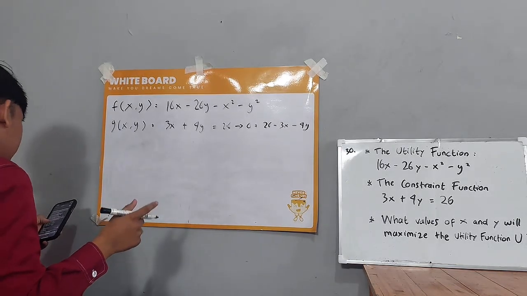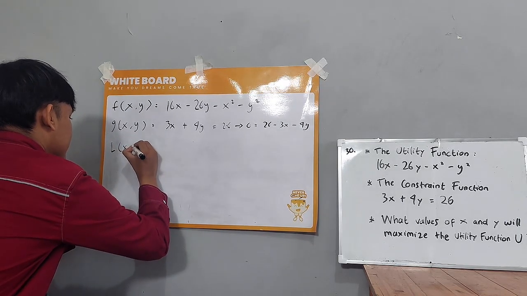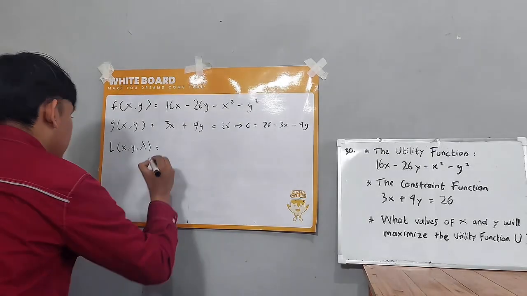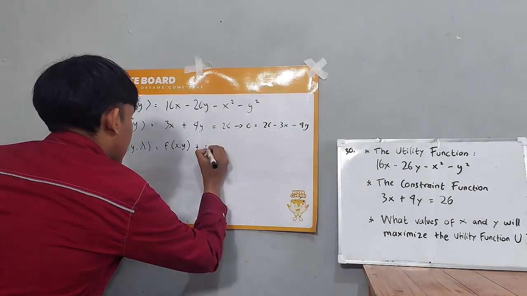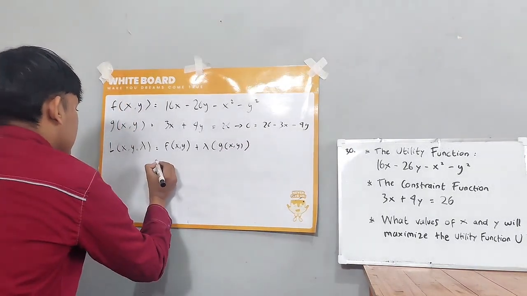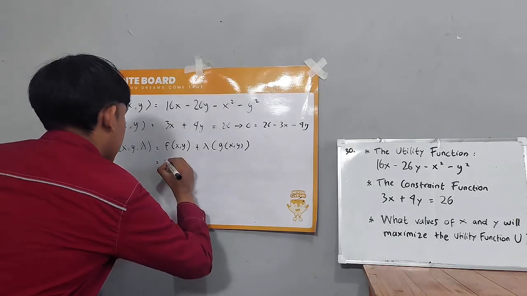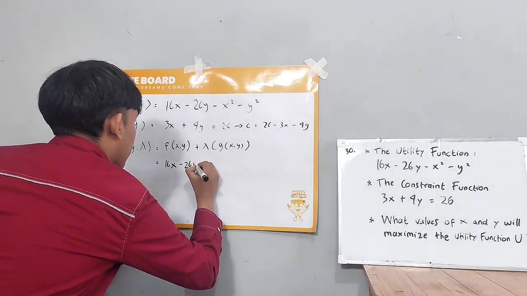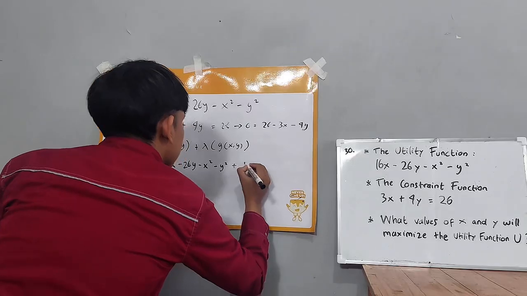Next, we build the Lagrangian function L(x, y, lambda) equals f(x,y) plus lambda times g, and then we substitute the f(x,y) and g(x,y), plus lambda.